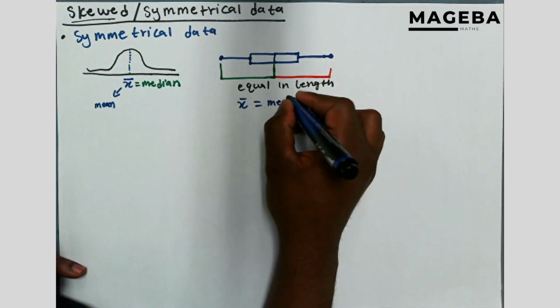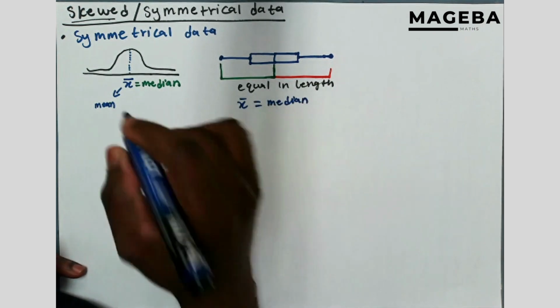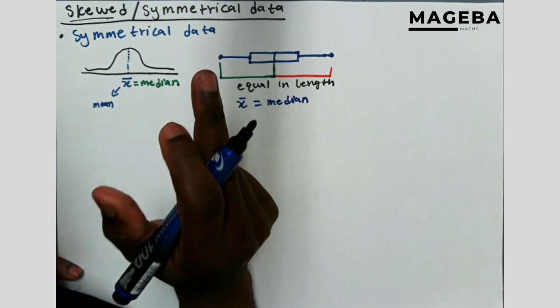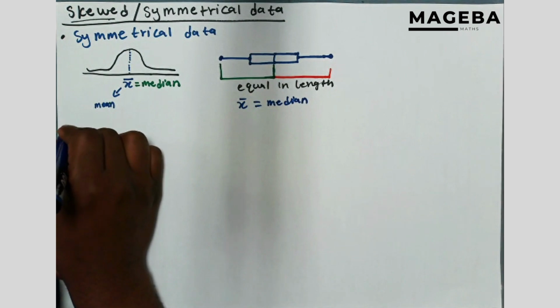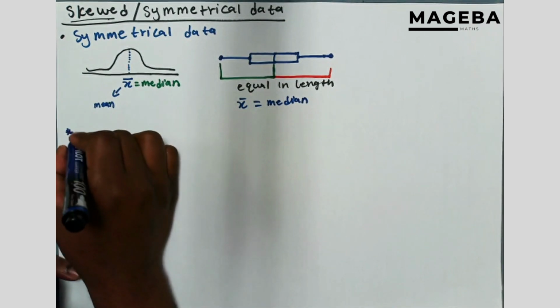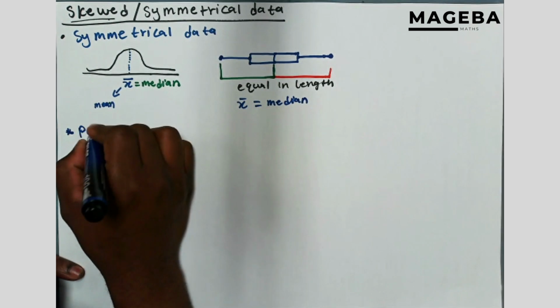Your median. If your data is symmetrical. Very, very important stuff there. Now, going to the positively skewed.